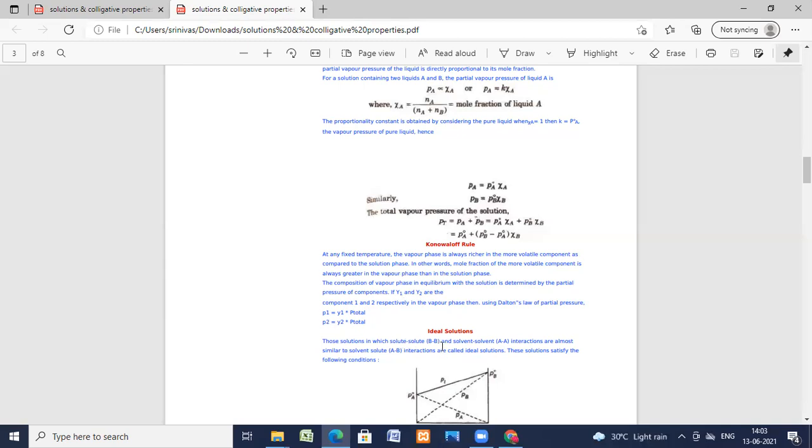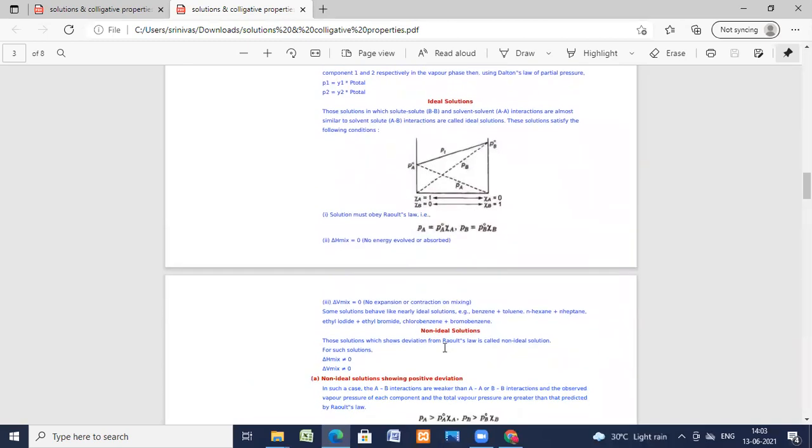Now we'll see what ideal solutions are. The solutions which follow Raoult's law are called ideal solutions. For ideal solutions, delta H of mixing is equal to 0, delta V of mixing is equal to 0, and they obey Raoult's law.